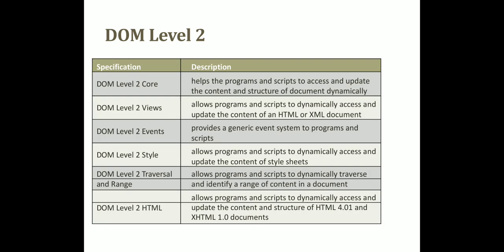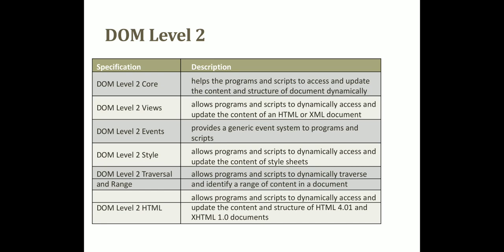And the description we can get for the 6 separated parts, starting with DOM level 2 core: the core helps programs and scripts to access and update the content and structure of a document dynamically.